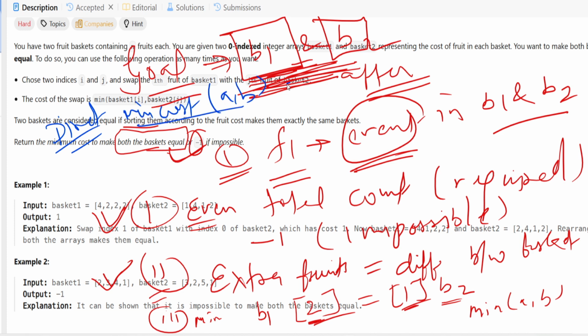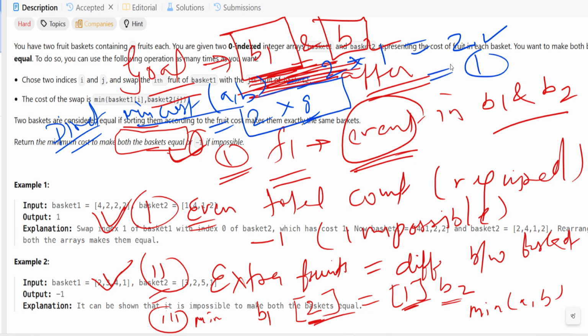Let's suppose the min swap is 2 and we multiply with 1, we get 2. But sometimes this becomes worse if we can have a cheaper one. We'll use the two smaller fruits, just taking 2 times the global min. If it takes 1, it will give you the value. So better you check the global min and try that. Otherwise you can also use the direct swap, just return 1.